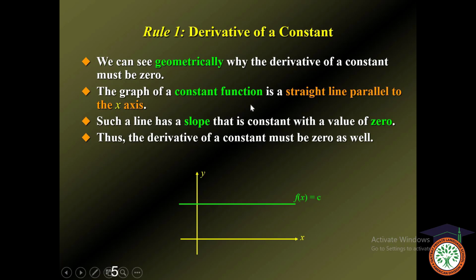So the graph of the function is a straight line parallel to the x-axis, and the slope of the constant, whatever its real value, is 0. Okay? And remember that slope has another definition. It's the tangent of the angle between the straight line and the positive direction of the x-axis.